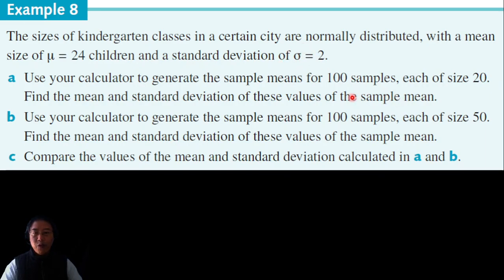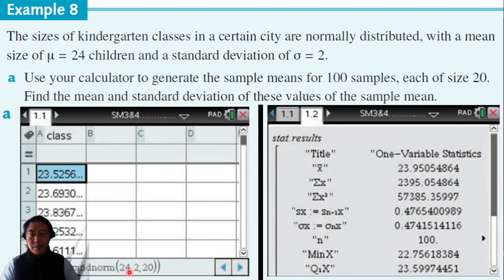So for the first two, you need to generate some samples. So it's really about implementing the CAS. With the first one, you're going to use random normal to generate. So it's going to be mean, standard deviation, and the size, and it will fill that in.